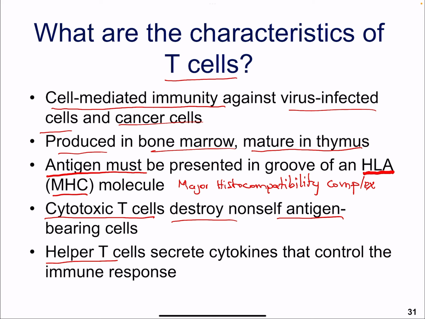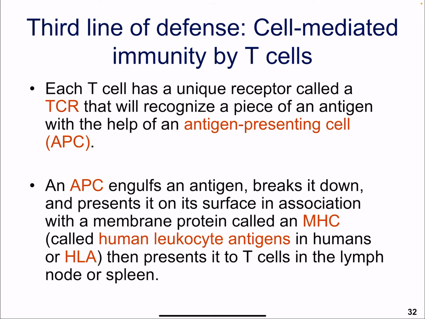The helper T cells are going to secrete cytokines, and these cytokines are there to control the immune response. Whether you are talking about cell-mediated immune response or antibody-mediated immune response, the helper T cells are going to contribute equally in regulating the immune response.